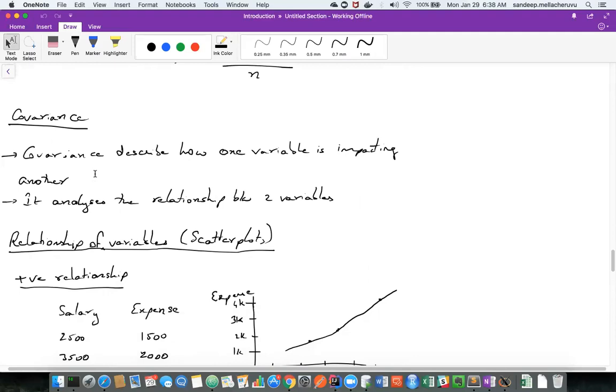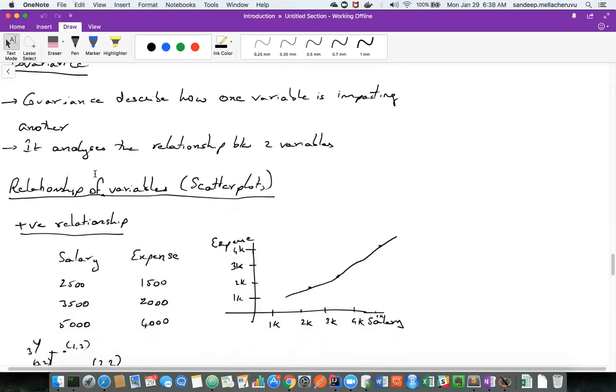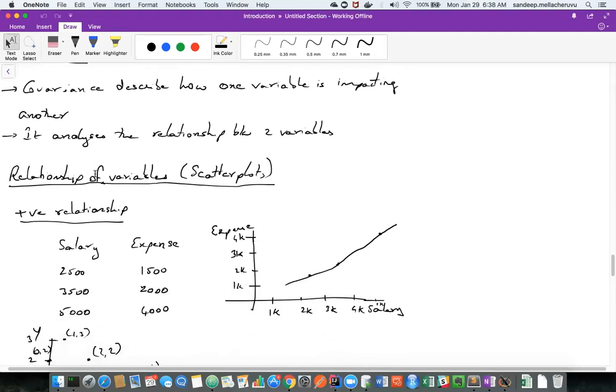In case you want to find out any relationship between two variables, all you can do is a scatter plot. Now, what is a scatter plot? It is a relationship between two variables in a graphical format. You just plot a graph, take one of the variables on the x-axis, another variable on the y-axis, and I already told you that you can interchange the x-axis and y-axis as you wish.